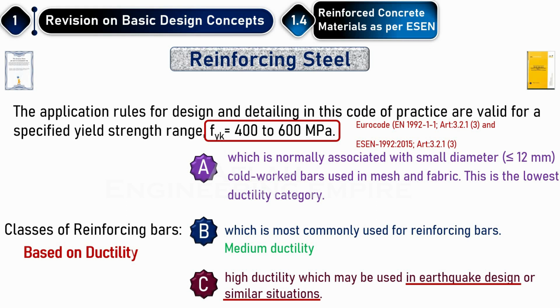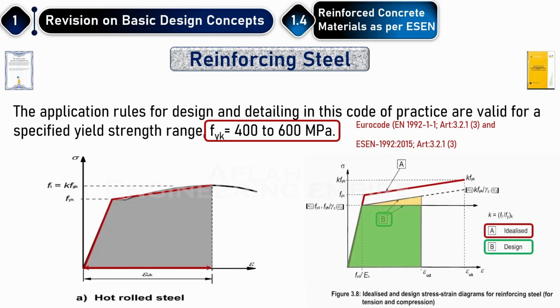Now, if I return to the graph of the reinforcement, you see that you have the yield stress here, the yield strength. Here is the design strength, which is the characteristic yield strength divided by a factor of safety. Similarly, here is the final ultimate capacity of the reinforcement.